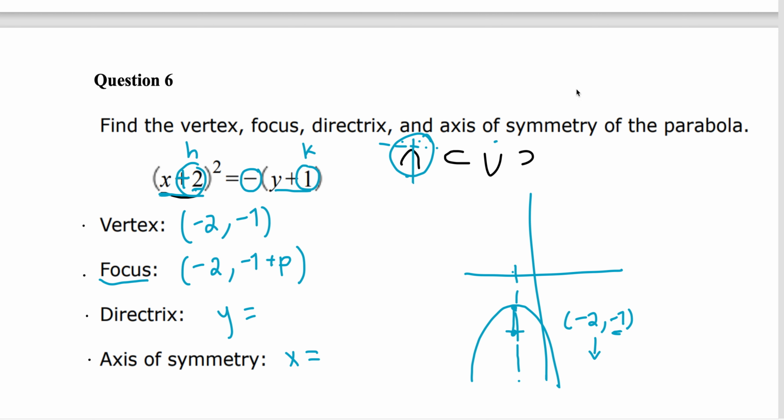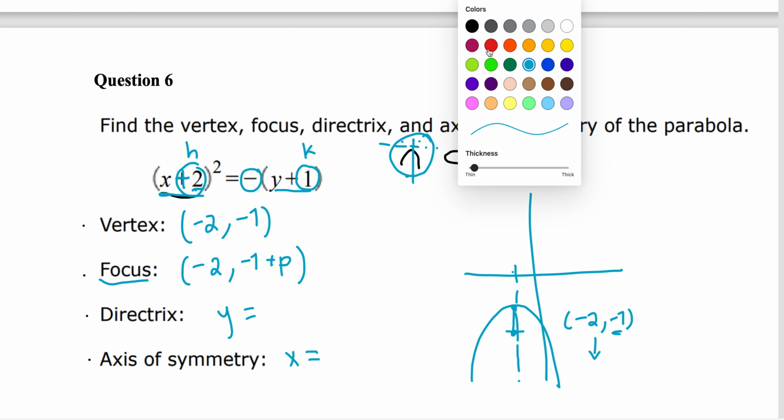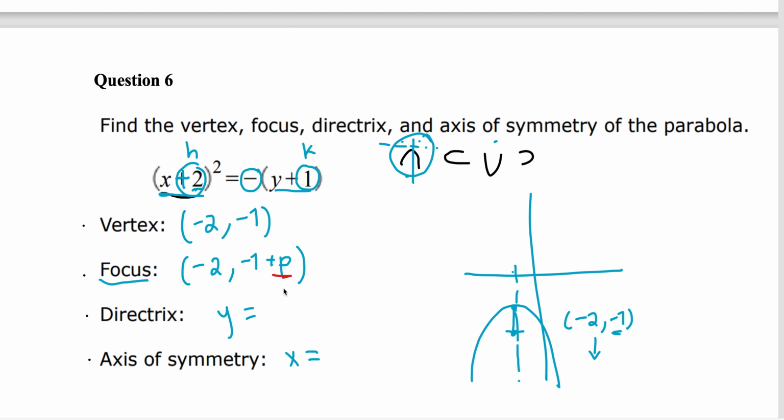So in both cases, it's important to get the value of p, right? How can we do that? Well, from here, this one is a -1, so whatever I have there equals 4p, and I solve for p. -1 divided by 4 equals p.